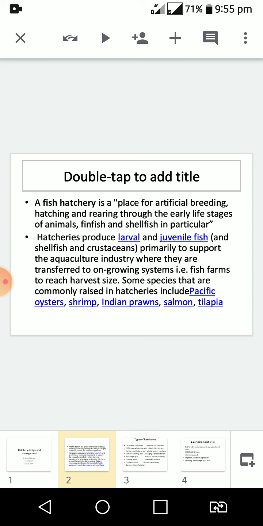These support the aquaculture industry, where they are transferred to growing systems. Some species commonly raised in hatcheries are Pacific oysters, shrimps, Indian prawns, salmon and tilapia.